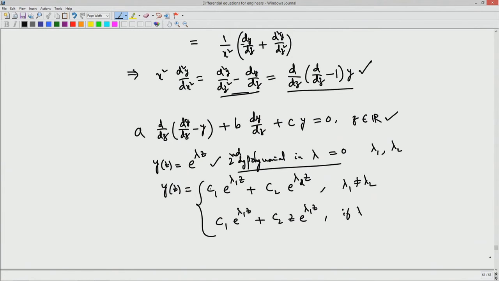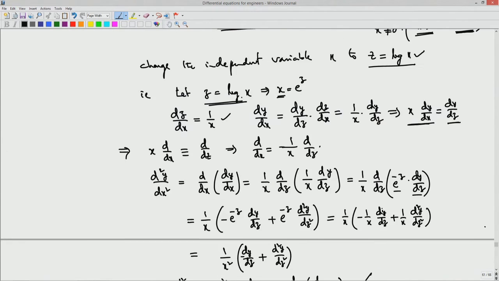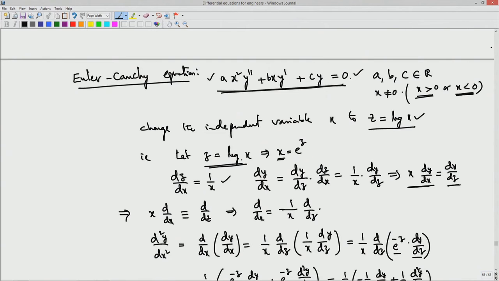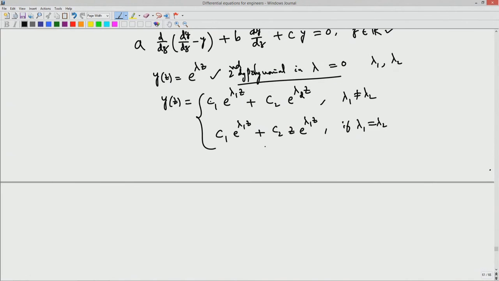This is the solution in the variable z, but your given equation is in terms of x, so you use the transformation z equal to log x and substitute log x in place of z.